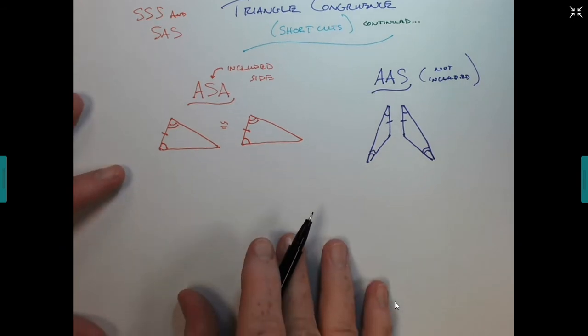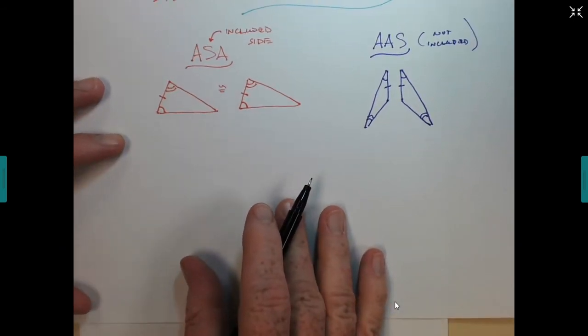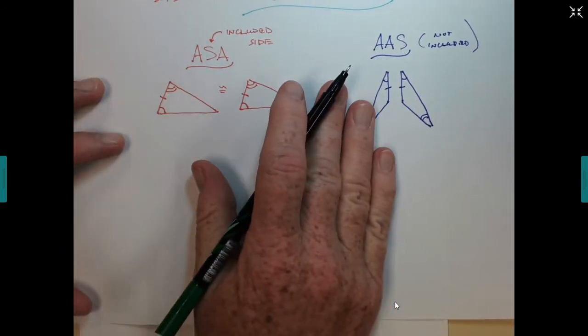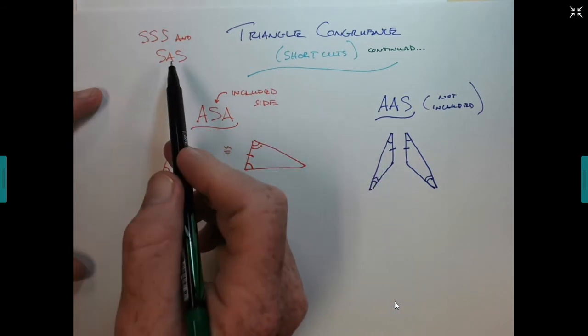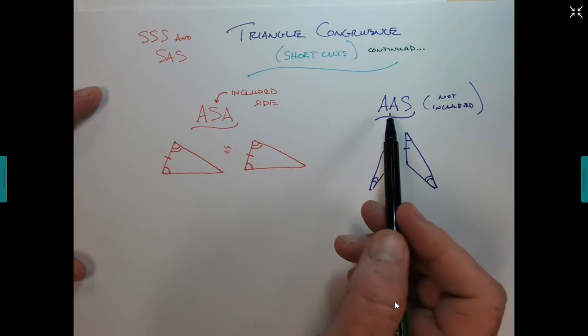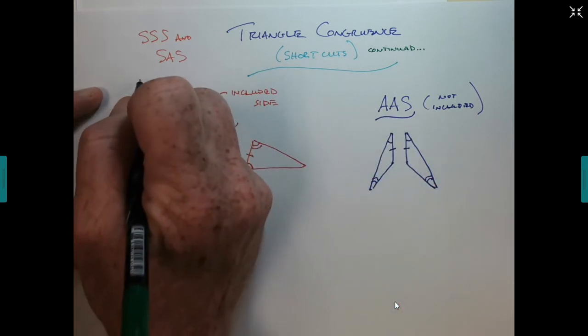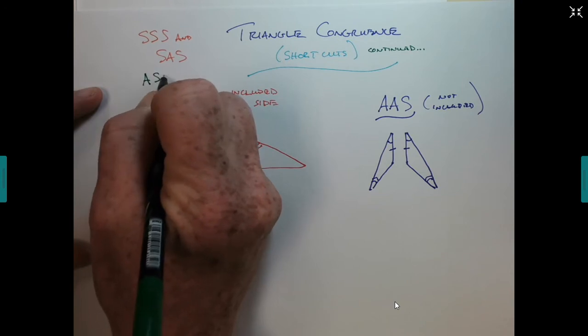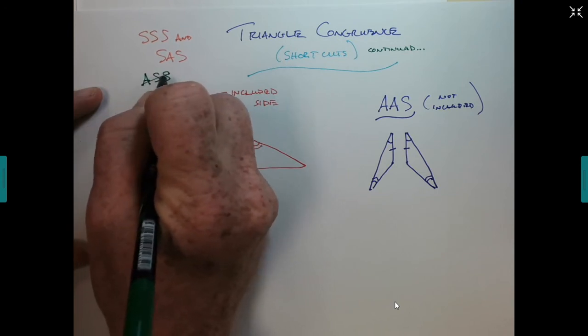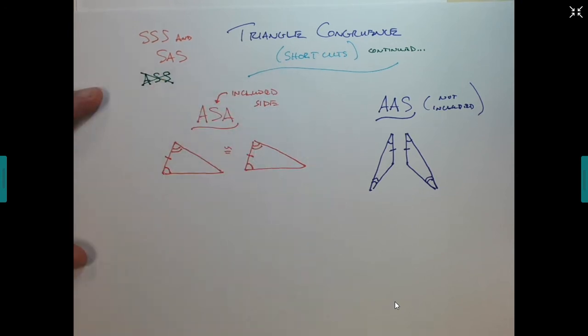Now, the last one's a little bit tricky. All right, so understand you don't have to memorize all of these options. We have side, side, side; side, angle, side; angle, side, angle; angle, angle, side. I understand there's a couple that don't work. First off, this here does not work. Thank goodness it happens to spell not necessarily a bad word.